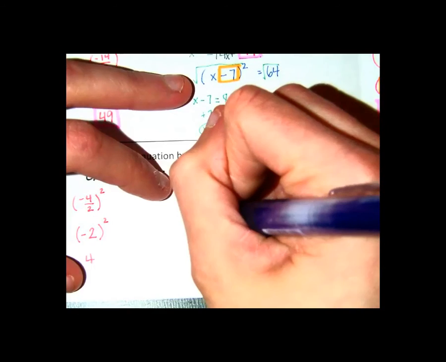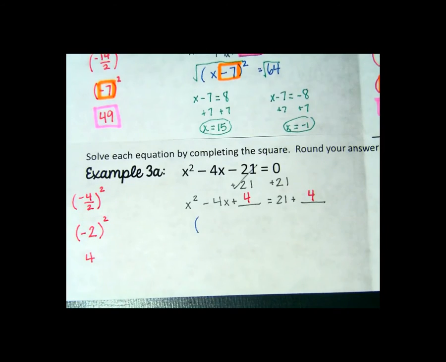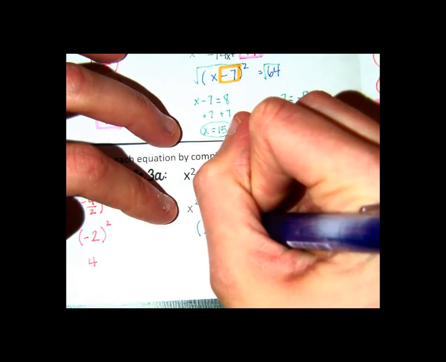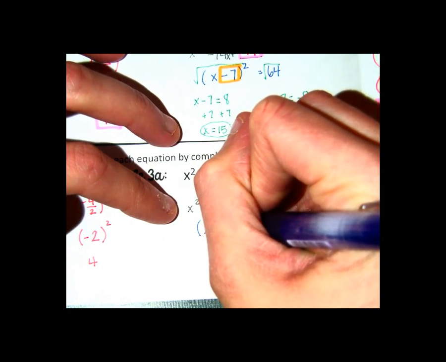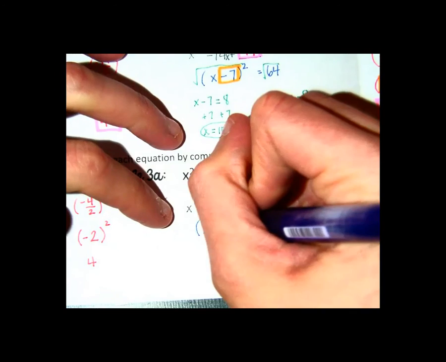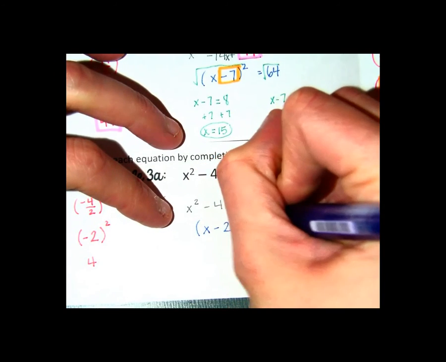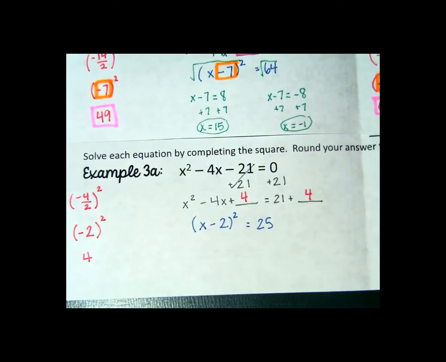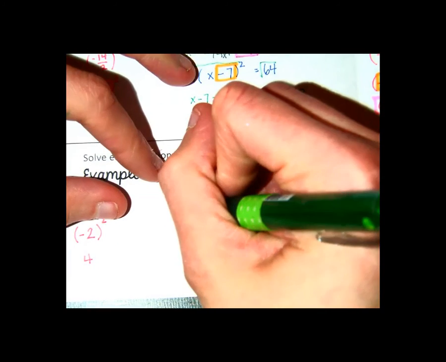What do I do? The perfect binomial. So how do I write that? X minus 2 squared equals 25. Where did 25 come from? 21 plus 4. Okay, now what? Square root it.